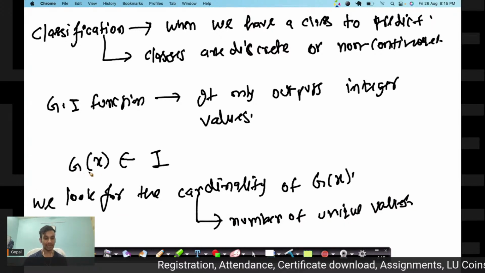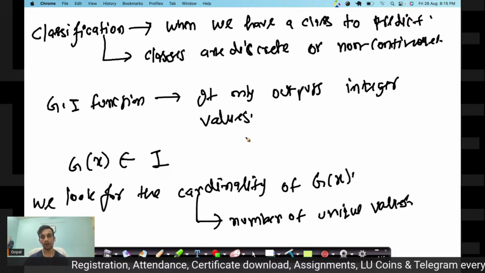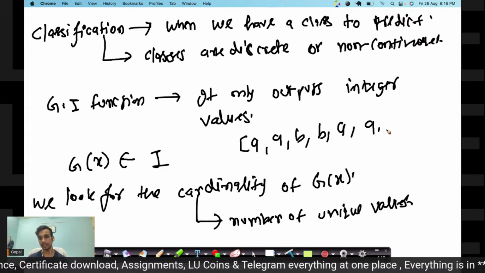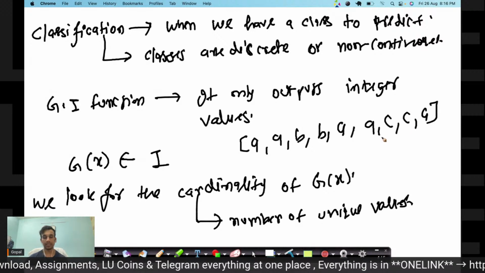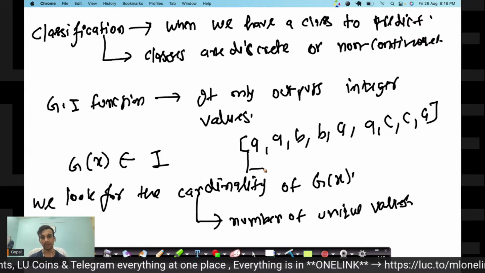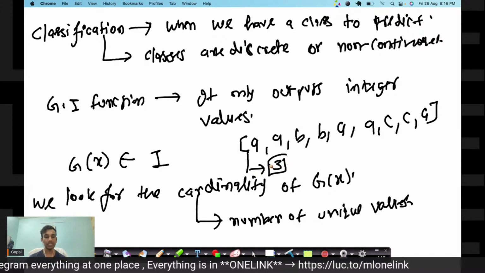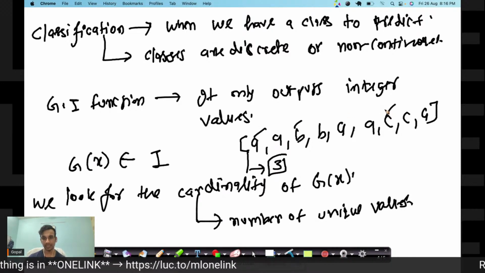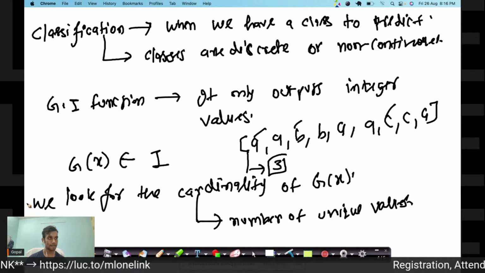So let us say the cardinality for a, b, b, a, c. The cardinality for this data set will be 3 because the number of unique values I can see here are 3: A, B, and C.